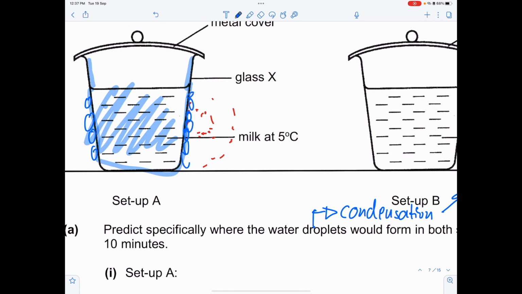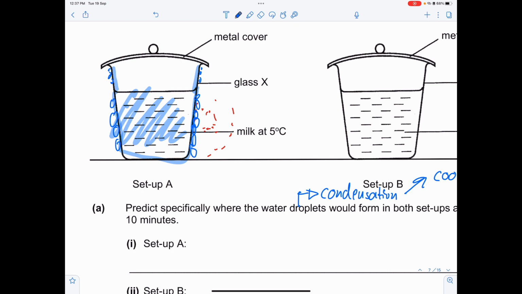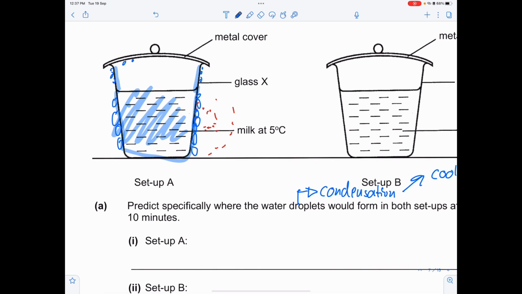So in reality, you may get a few drops here, sometimes even here. It depends on how cold, in a real life situation, but the majority of it will be at these 2 parts, because this is the coolest.